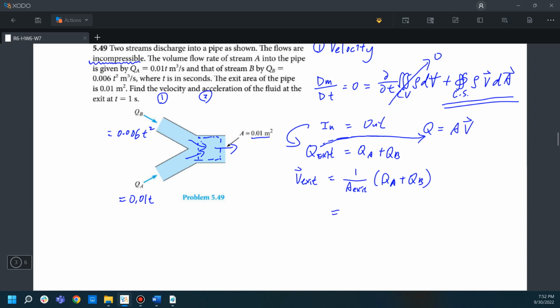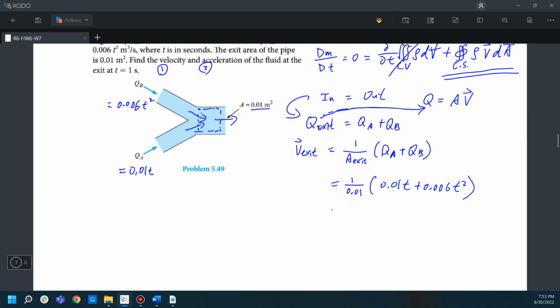So we can plug in all those numbers. 1 over 0.01 times 0.01 T plus 0.006 T squared. And this gives us T plus 0.6 T squared.